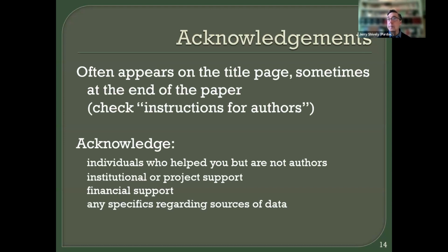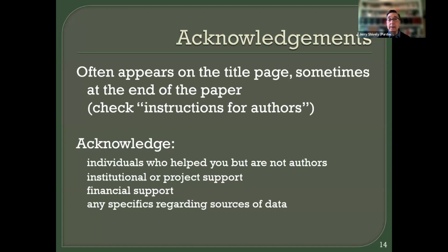So someone who maybe read it and gave you editorial suggestions, or someone that you discussed ideas with early in the process. It could include acknowledging institutions or projects that supported your work, either financially or in other ways. And it may also acknowledge specific details regarding where the data came from.